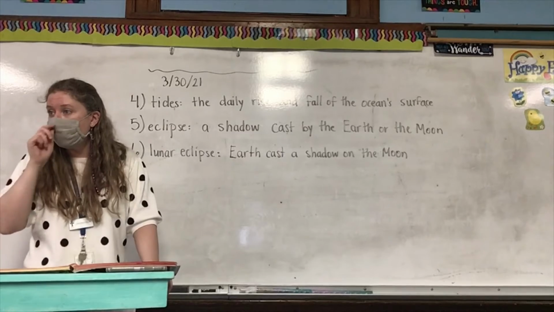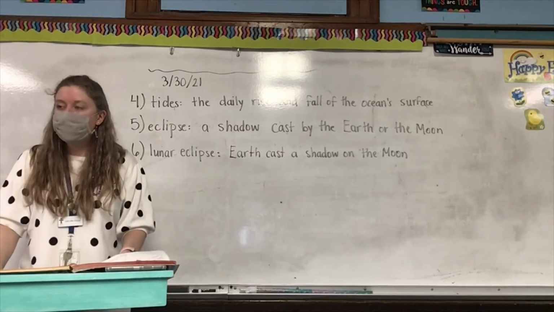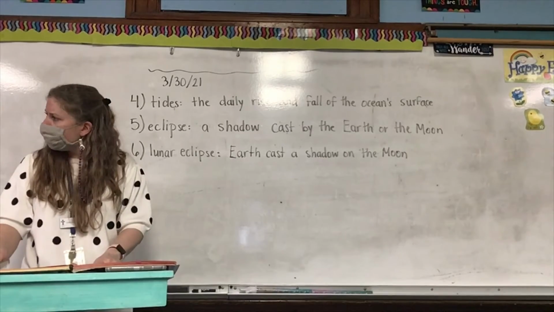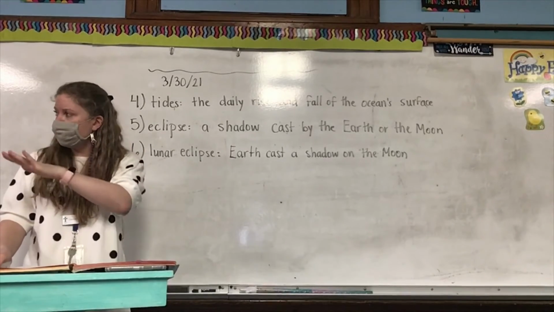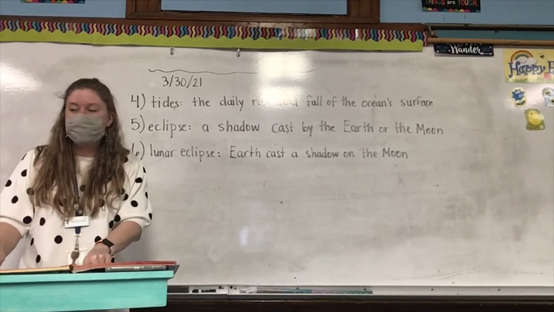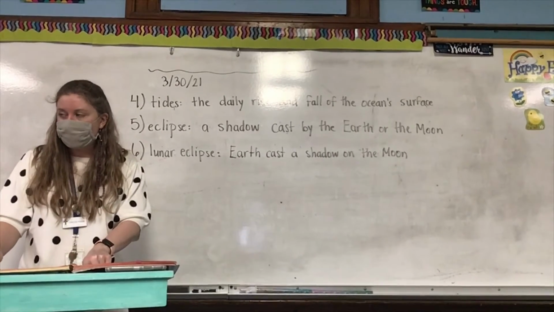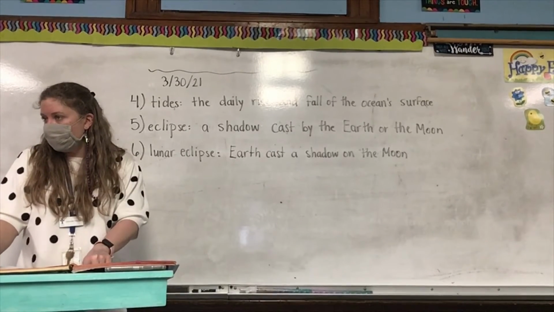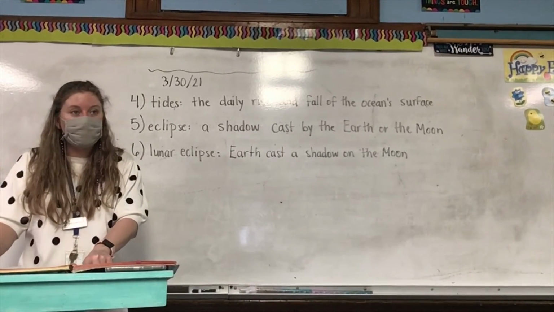So usually, the moon is like above the Earth, like on page 370. So everybody quickly look at page 370 so that you can see where the moon normally is.